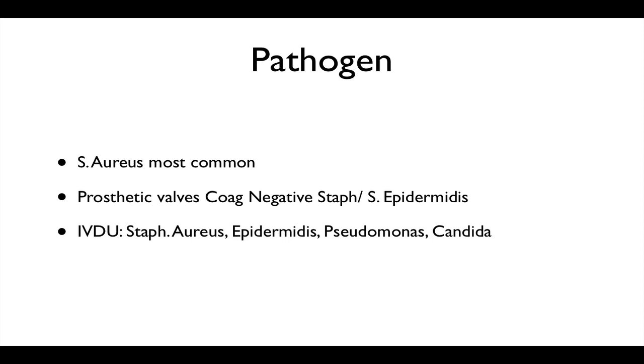Pseudomonas is a difficult one to treat, as is Candida, but Pseudomonas is associated with patients who have no fixed abode in IVDU with chest infections. And in the elderly and patients with colon cancer, Strep bovis, which I've not seen before but comes up.